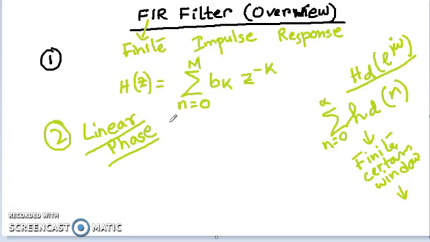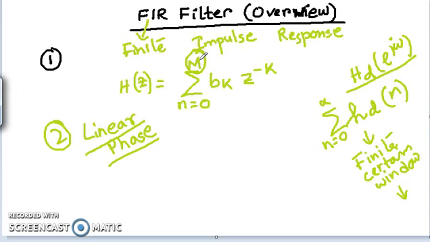Though for the same purpose in FIR filter, as only zeros are involved and no poles, it requires a large value of M. That means, suppose I am designing a second order filter, it may happen that the order of the FIR filter is M, and this M may be 28 or 30.